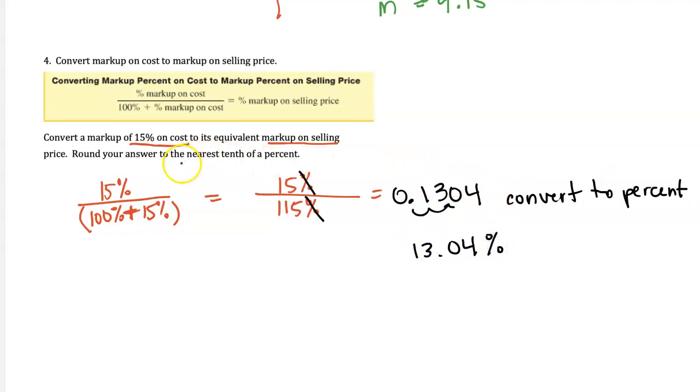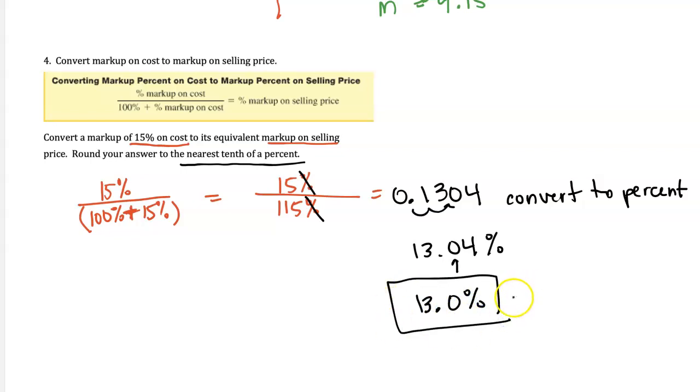And then finally, I'm going to round it to the nearest 1/10 of a percent, which is that first decimal. So 13.0%. And this is our markup on selling price. What they're saying is a 15% markup on cost would be equivalent to a 13% markup on selling price.